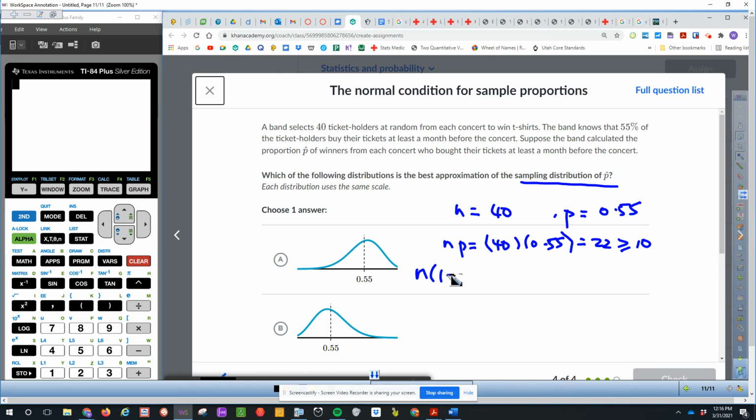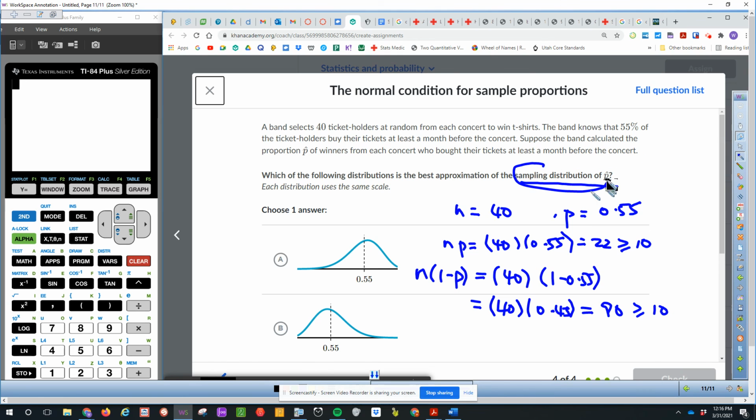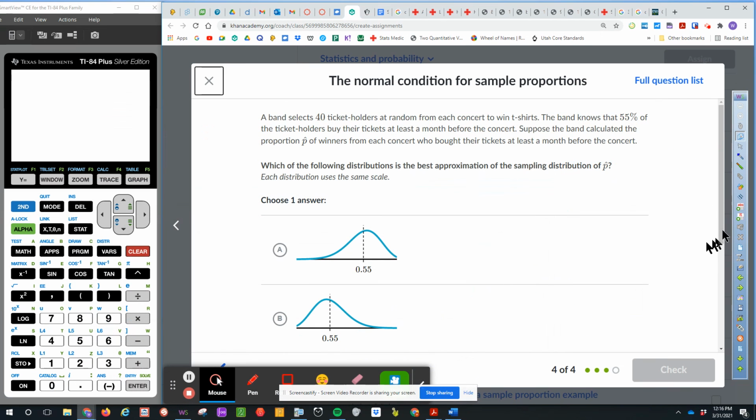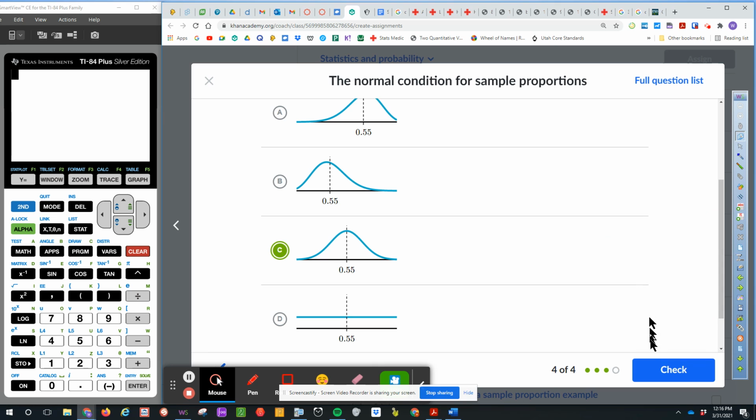Then n times 1 minus p is 40 times 0.45, which is 18. Woohoo! So both n times p and n times 1 minus p are greater than or equal to 10, and we can safely say that the sampling distribution is approximately normal. Normal is the bell shape, a single peak.